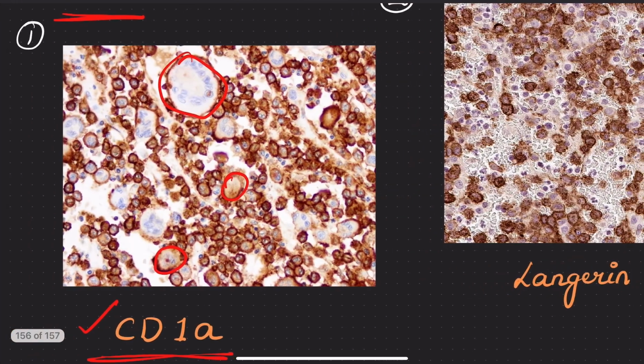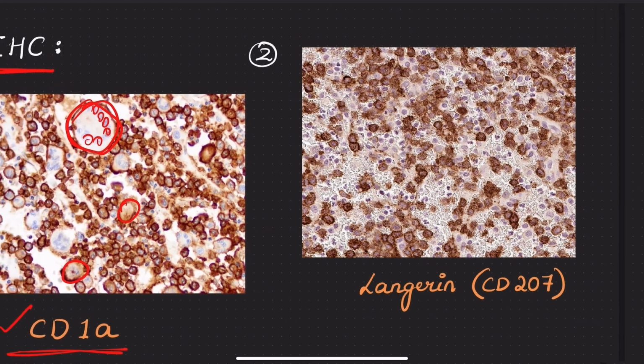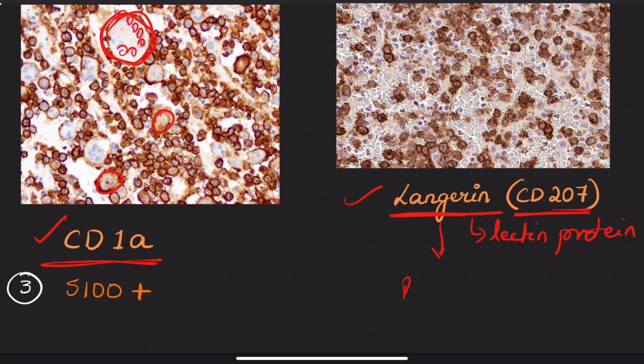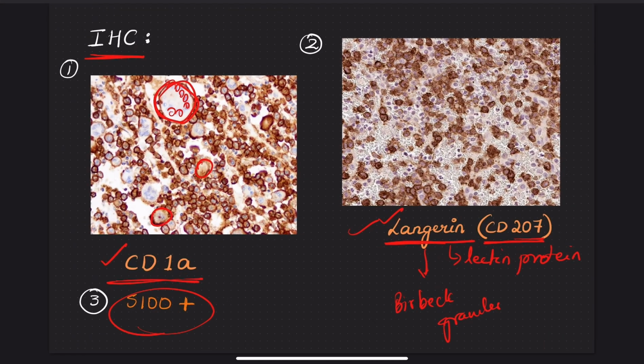Also, in a few cases, multinucleated giant cells can be seen, and they show langerin positivity. Langerin is CD207, a lectin protein which is responsible for the formation of Birbeck granules. So langerin is positive in LCH. S100 is also positive in LCH. These are the IHC markers. This is all about LCH.